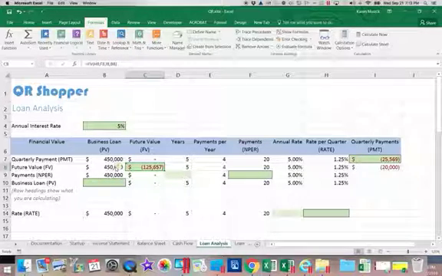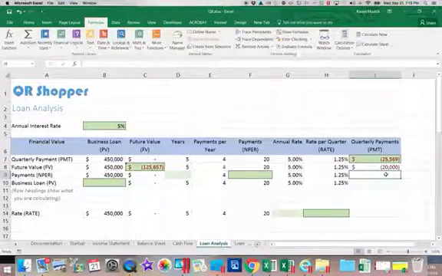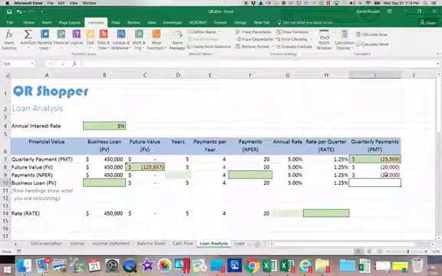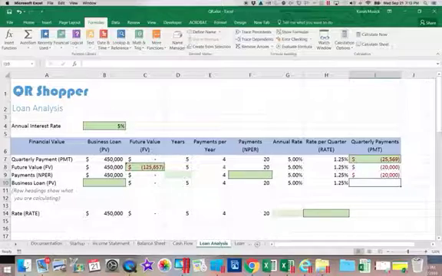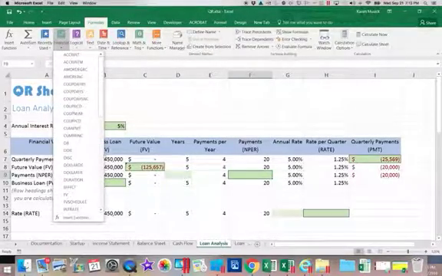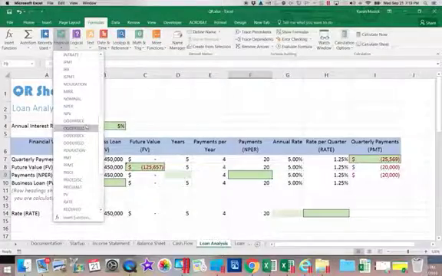The next question they might ask is, how long would it take me to pay off this loan if I was paying $20,000? So we're going to keep the payment the same. And now we're going to put in a formula to calculate the number of payments. So under financial, you go to NPER.